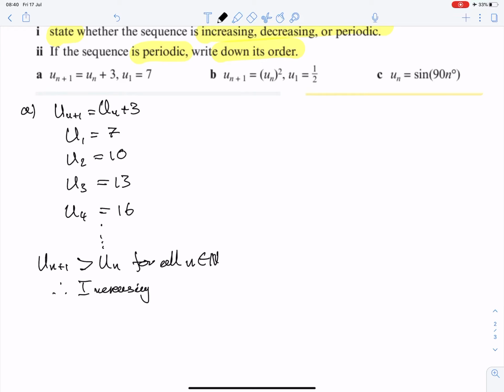Right, so you can see the nature of the answer. It's got to be clear, and you've got to have that statement to justify it as increasing.